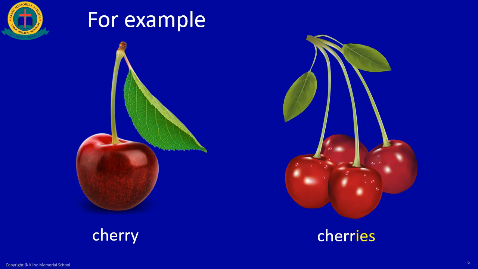To change the word cherry to cherries, we remove the letter Y and instead we write IES. Children, can you see that? See, here we remove Y and we have written IES to make it into plural form.